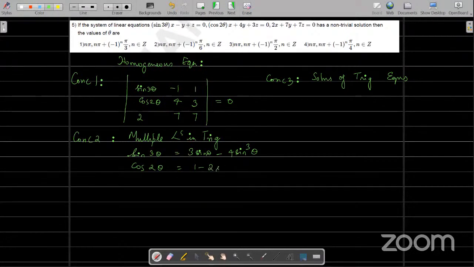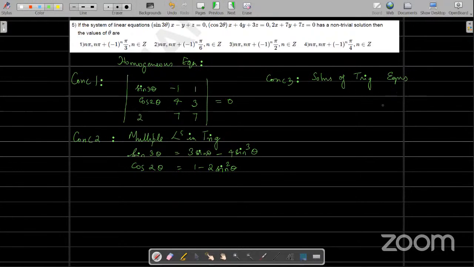Right. Remember, we said that it should be written all in terms of sine theta. So now put this into that determinant wherever after expansion, and you get an equation in the trigonometric ratio sine theta, some polynomial equation maybe, right? Now, after simplification, you get some equation, and you should solve that trigonometric equation.